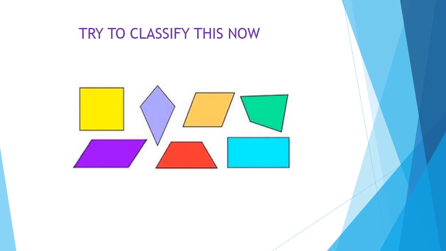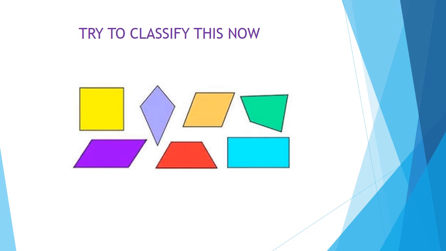Then the fourth one, the green one, so you would realize that this is looking like a trapezium, but it's not a trapezium because it doesn't have a pair of parallel sides, so you can't classify that as a trapezium, but it's a quadrilateral.